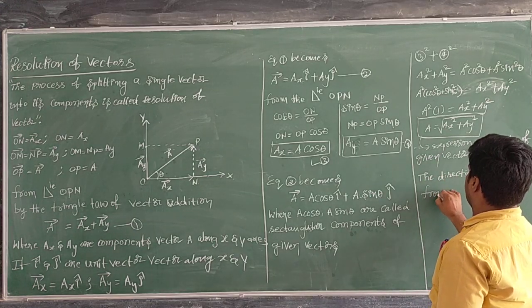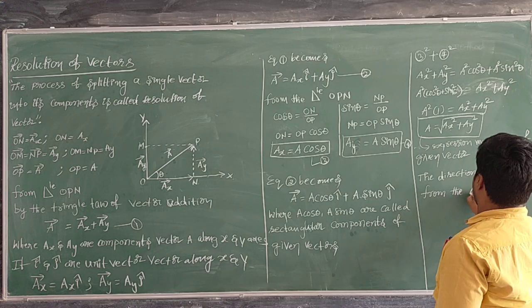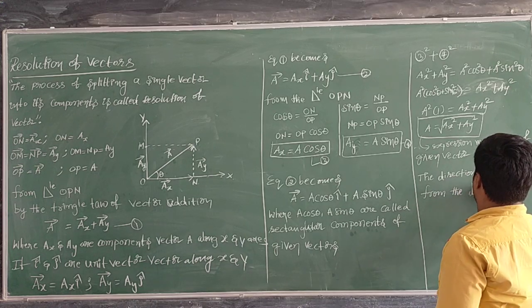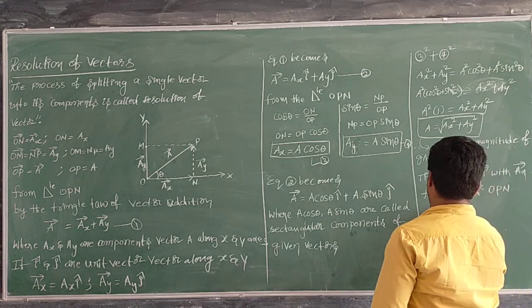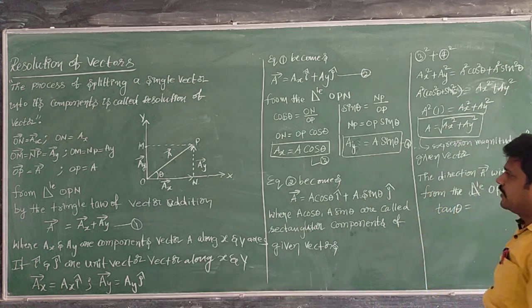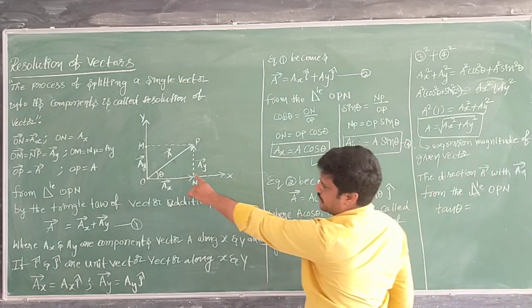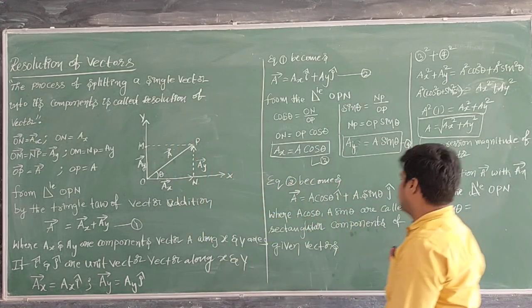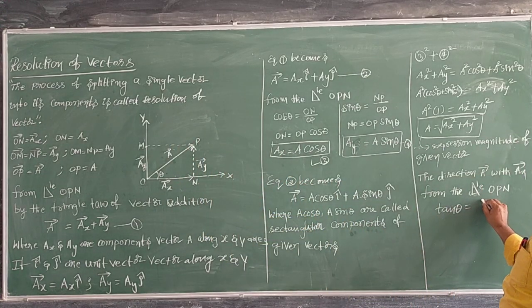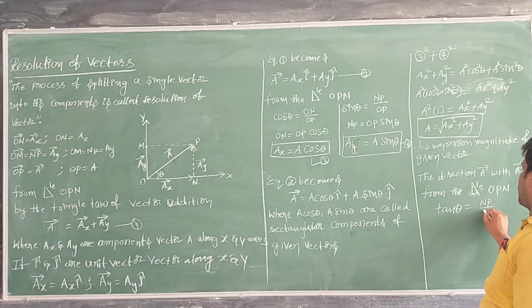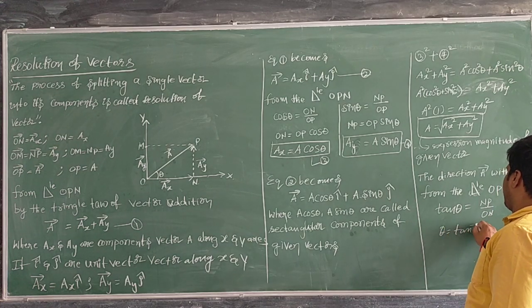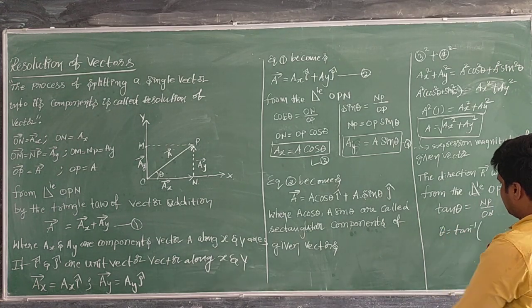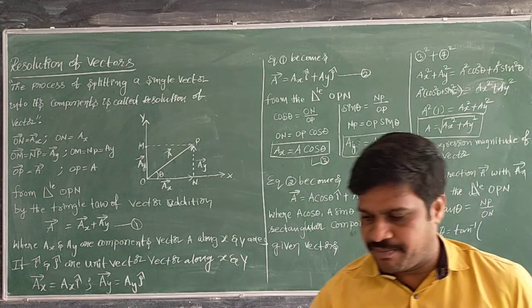From the right angle triangle OPM, once again, tan theta is equal to opposite by adjacent side. Opposite is NP, adjacent side is OM. From this, theta is equal to tan inverse of this. Otherwise, you write one more step.